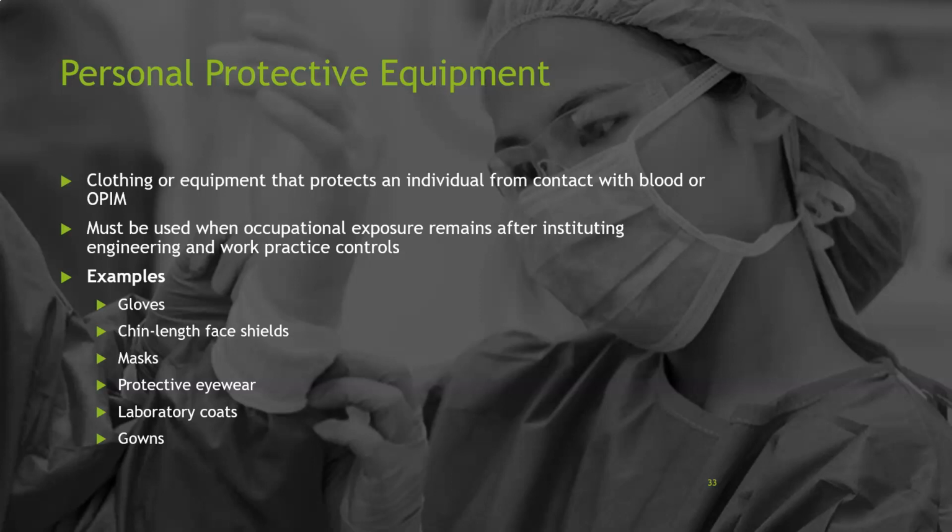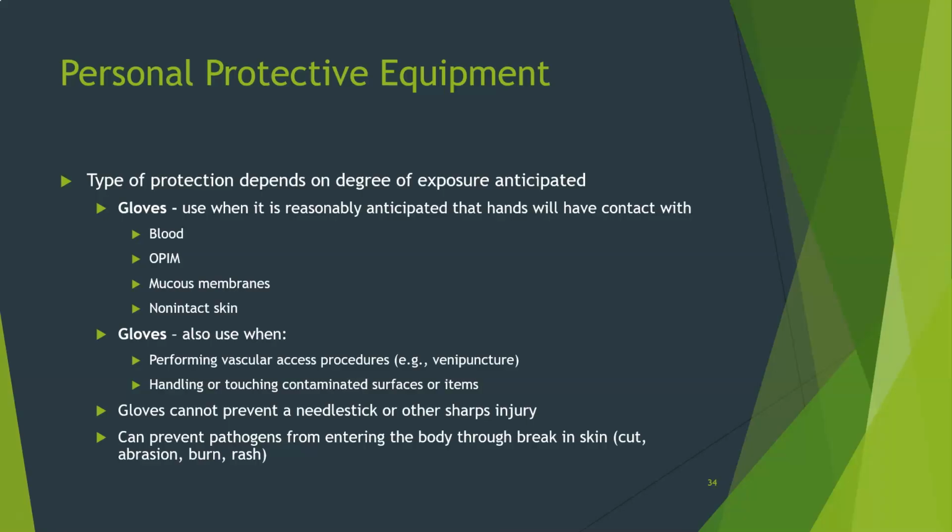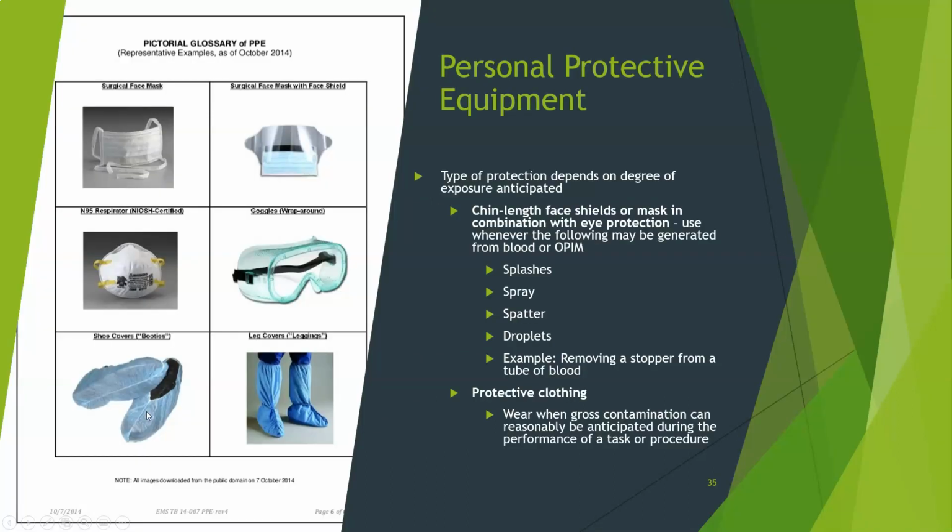Moving on, we get to personal protective equipment that must be provided. Personal protective equipment needs to be worn when appropriate. You can see when each piece of personal protective equipment should be worn, with gloves being most prominent and most important, but other types of protective equipment need to be worn, specifically eye protection, face shields or masks anytime you see potential of splashes or droplets, and other protective clothing when there's a possibility of gross contamination.